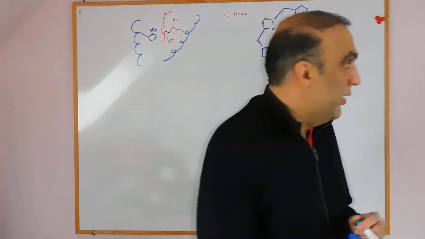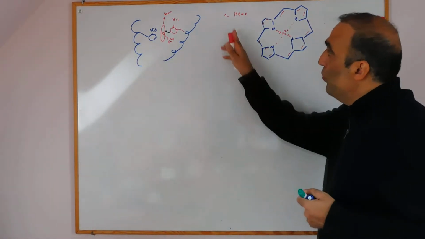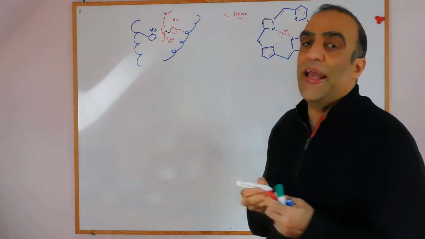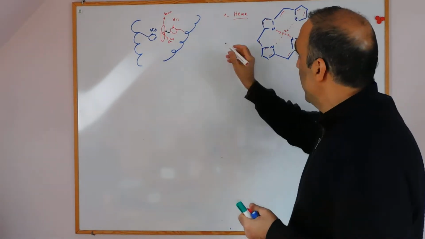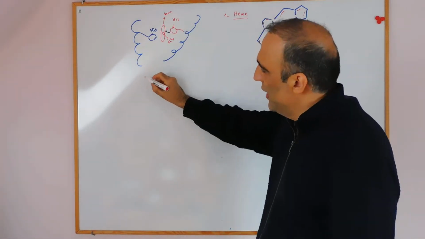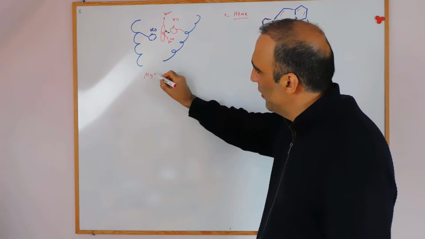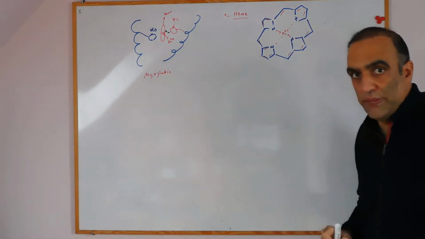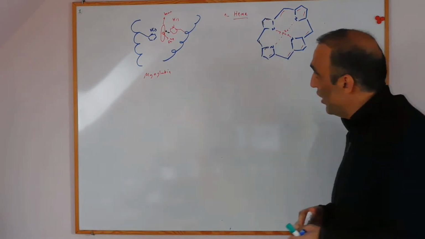Okay? Hemoglobular proteins have a heme inside. Within protein we can have, for example, I drew it before, myoglobin and hemoglobin. Okay, they are 2 different structures.